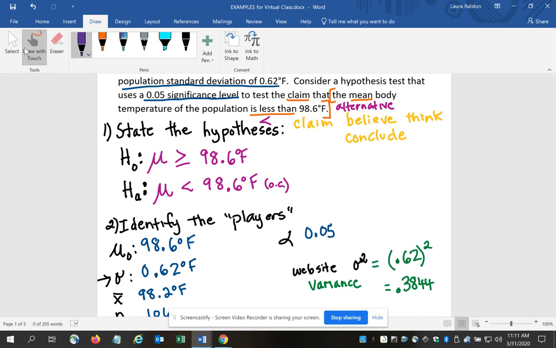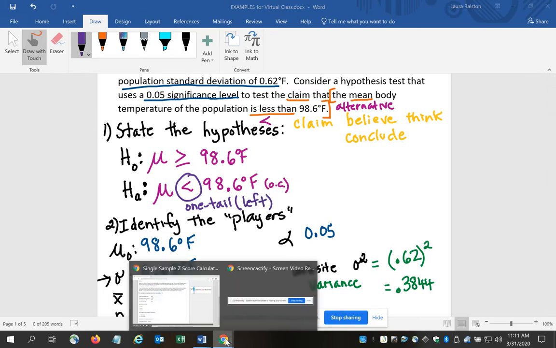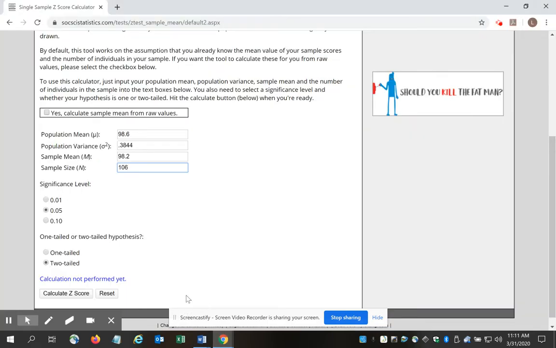That symbol happens to be a less than. When I have a less than, it points to the left, and that makes it a one-tail test. It could also be referred to as a left-tail test. So on my website, I'm going to click one-tail.